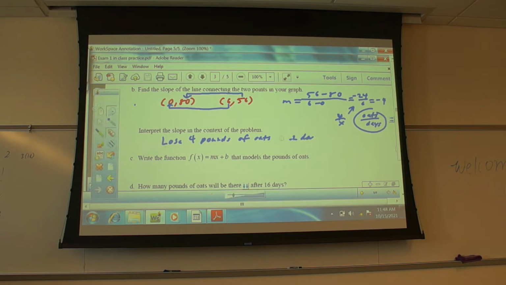I'll say per day, because that way it follows, right? The per is kind of the division sign, this part, and the oats would be this top part, right? Because it's y over x.